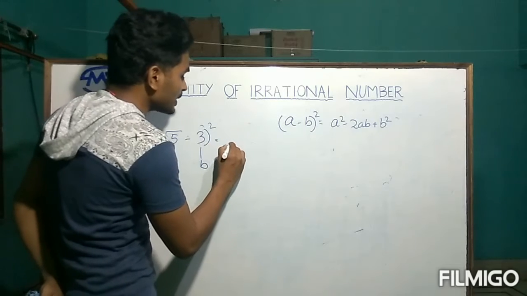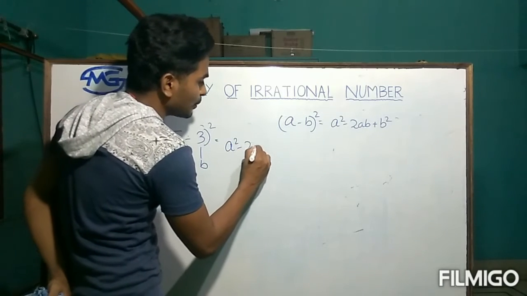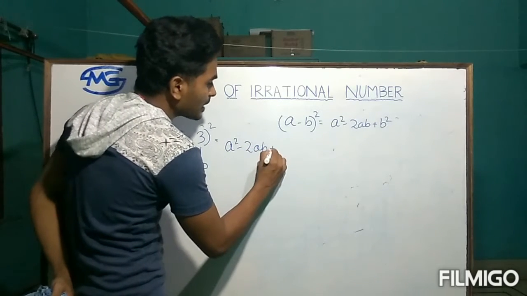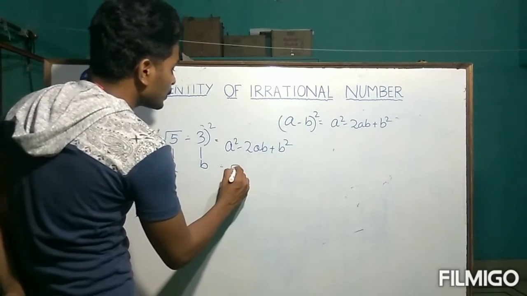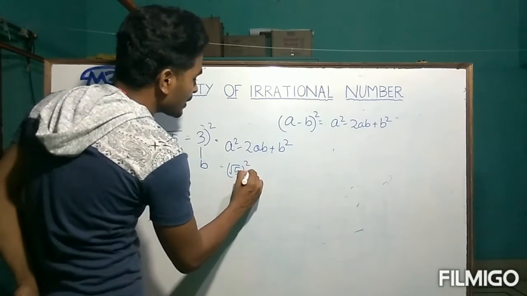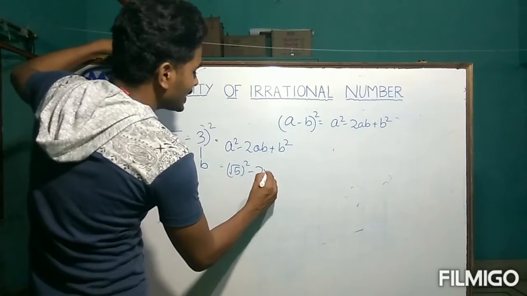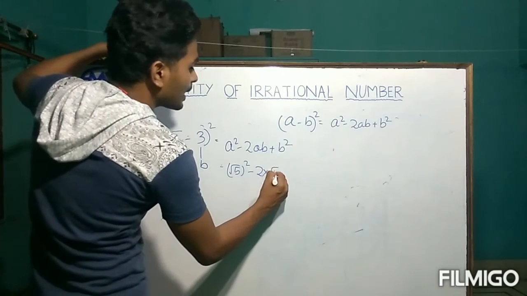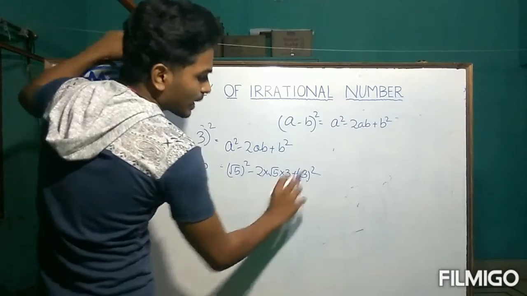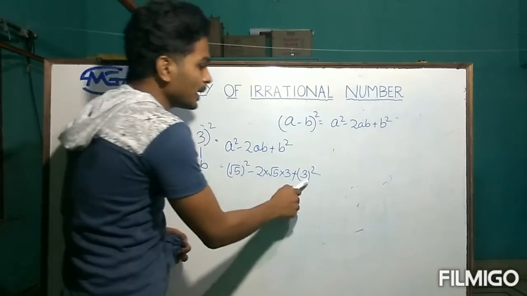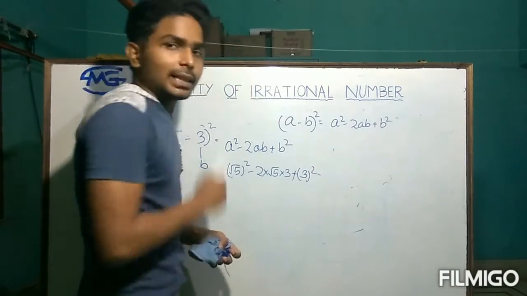The formula is a square minus 2ab plus b square. So in place of a, we will put root 5 whole square, minus 2 into root 5 into 3, plus 3 whole square. Simply in the place of b, we are putting 3.